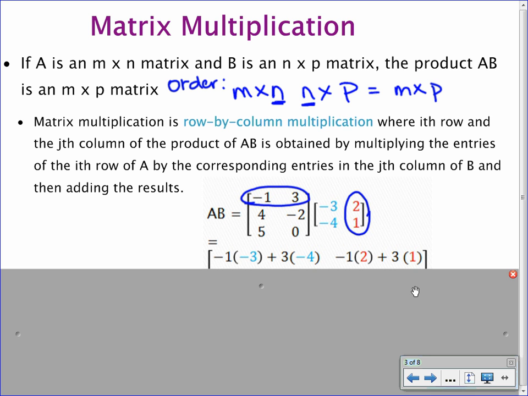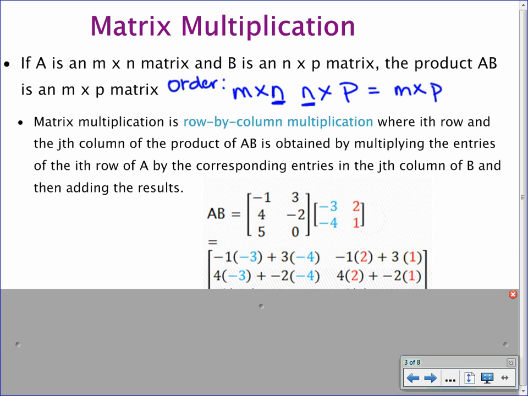That's why the number of columns here need to match the number of rows here, so we have numbers matching up with each other to multiply. So you just multiply the whole first row and first column. Yes.